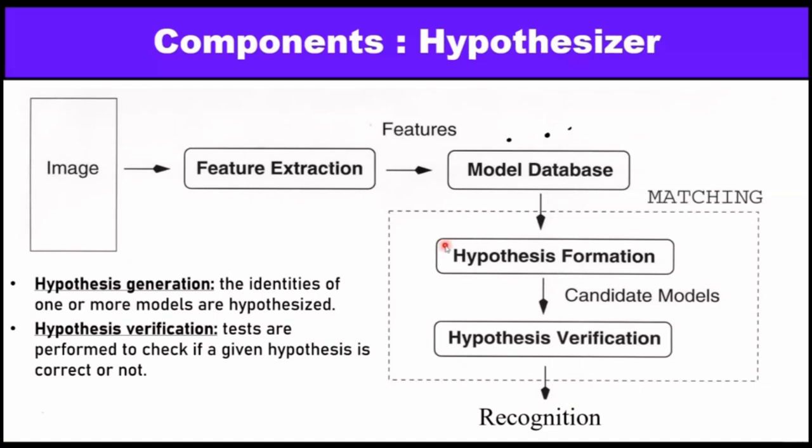That is what is called hypothesis generation, or many times hypothesis formation. And checking the parameters or possibilities against the model database is called hypothesis verification. The result of this is recognition.